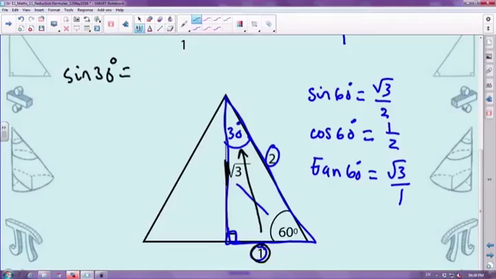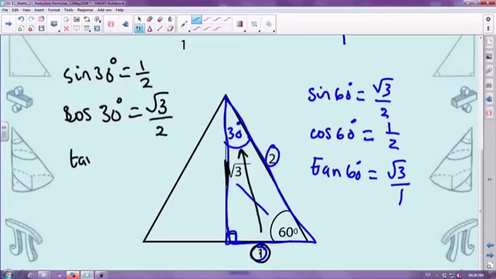We know that sine is opposite over hypotenuse, so the opposite is 1, so that's a half, and then cos of 30 is adjacent over hypotenuse, and then tan of 30 degrees will be opposite over adjacent, which is 1 over root 3. And then you can rationalize your denominator by multiplying by the square root of 3 over 3, which gives us root 3 all over 3.